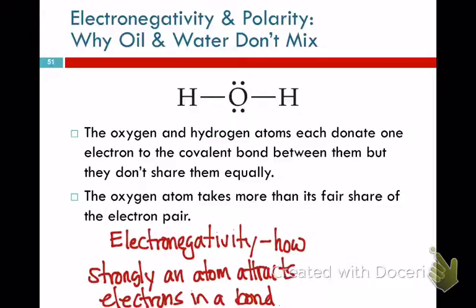So if oxygen attracts, and it turns out oxygen does, the electrons more strongly towards itself that are in this bond here, then what will happen is this side of the bond becomes negatively charged, and we use a delta sign like that. That's this lowercase Greek d, okay?